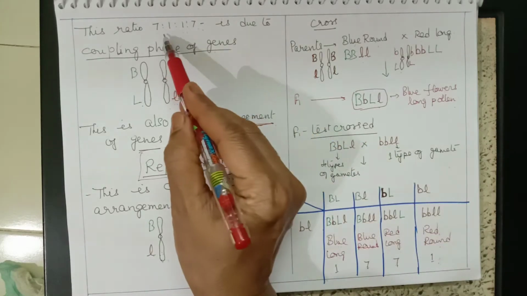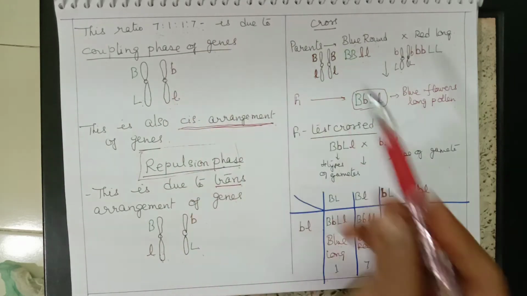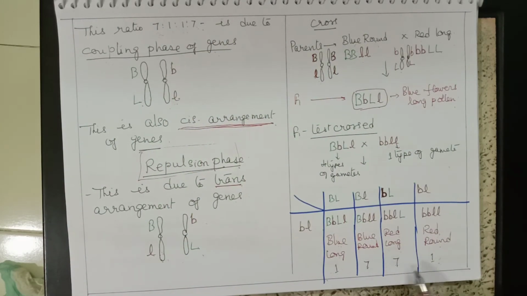What is the difference between 7:1:1:7 and 1:7:7:1? This is because of coupling and repulsion phases, cis arrangement and trans arrangement. This is how you have to clearly understand coupling and repulsion phases. These are the 2 stages of incomplete linkage.